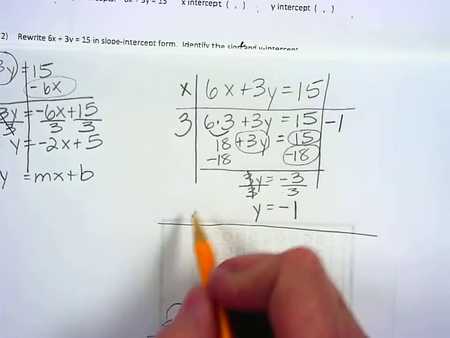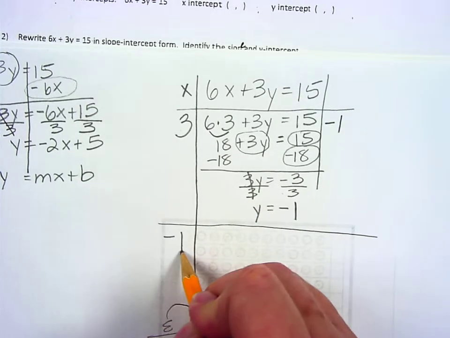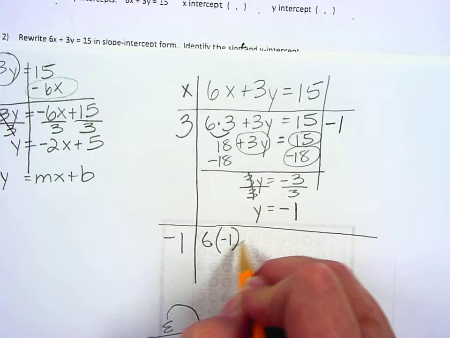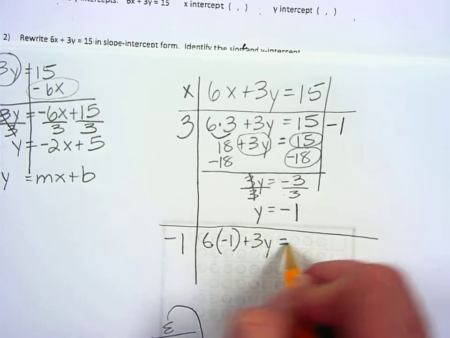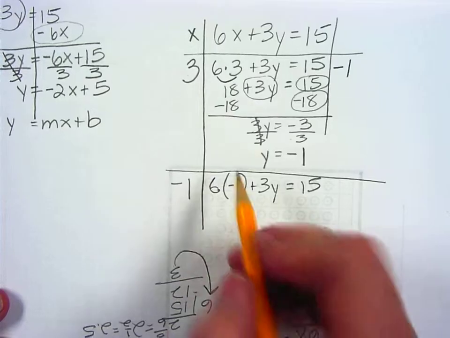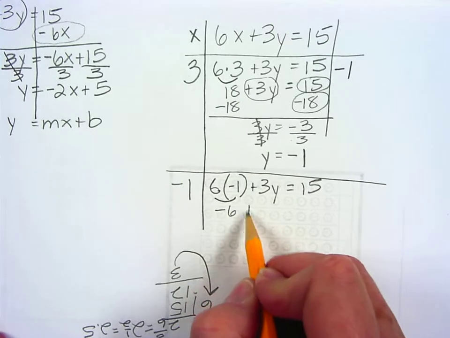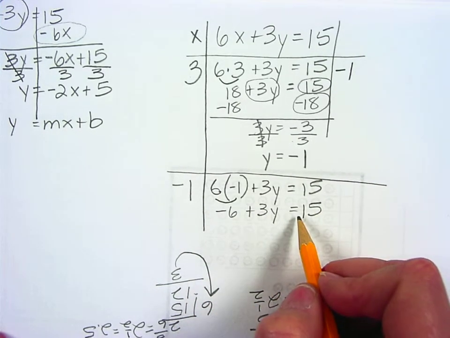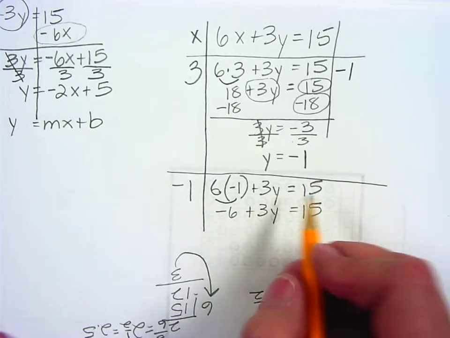Let's make x negative 1. 6 times negative 1 plus 3y is 15. 6 times negative 1 is negative 6 plus 3y is 15. I want to get y alone, get rid of negative 6.